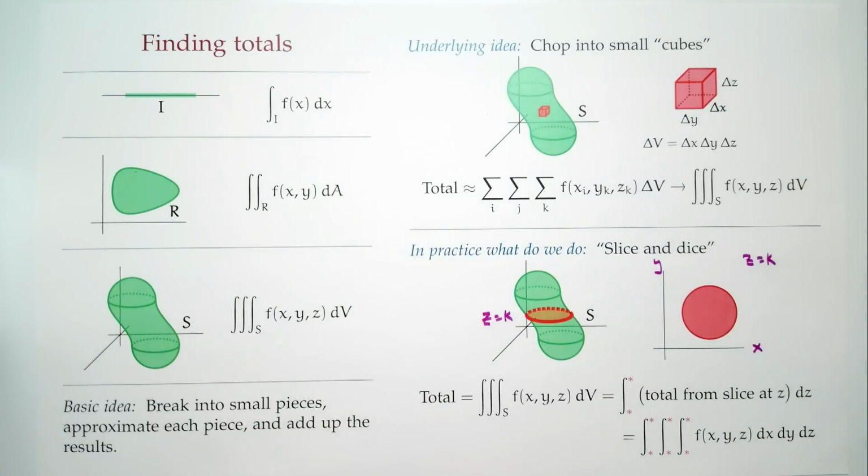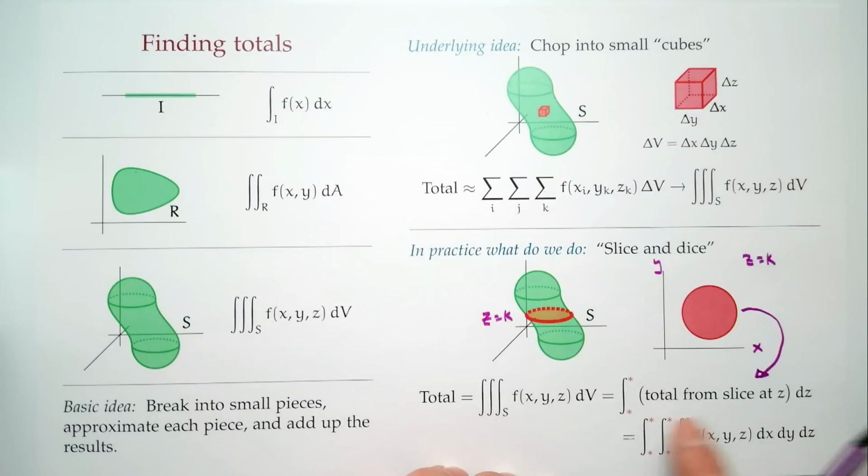But really that slice exists somewhere; I can think of it as being in the xy plane. It's a two-dimensional object. So if I want to understand the contribution of that slice, I look at this integral here, that total from the slice at z. Whatever this integral does in the xy plane, that's the contribution from that slice. Of course, that's just one slice.